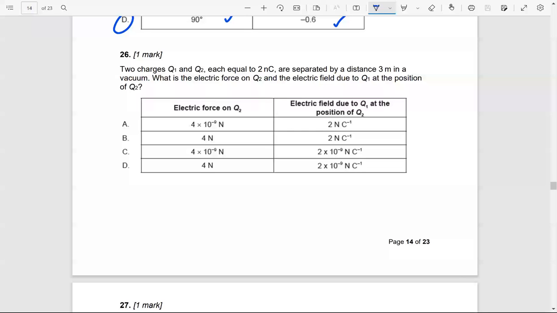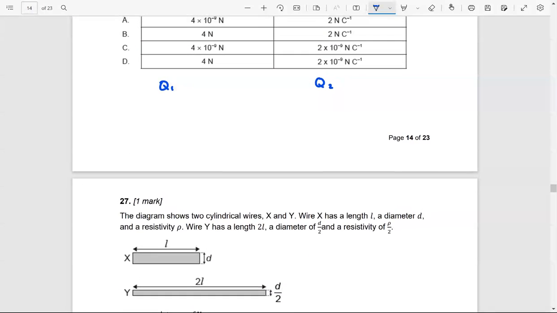Question 26 is about two charges with 2 times 10 to the minus 19 coulombs on them. Move that up here.